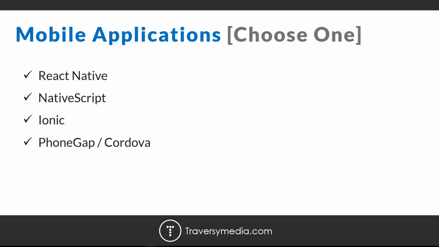All right, so that provides what's called a web view, so that you can load web apps in a mobile application without having the browser chrome around it. And then we also have the Xamarin framework, which allows you to create native applications with C#, which I haven't used, but I've heard good things about.